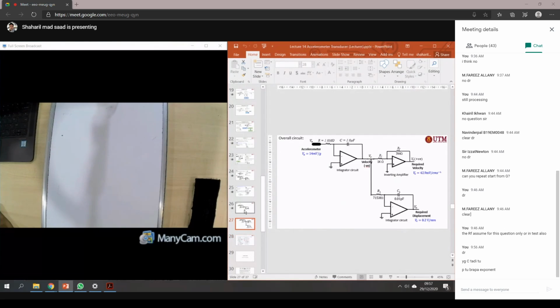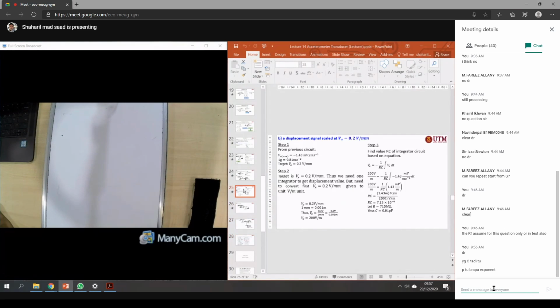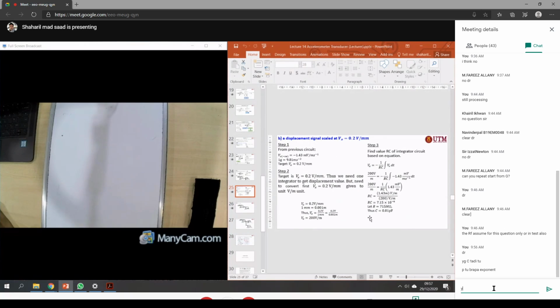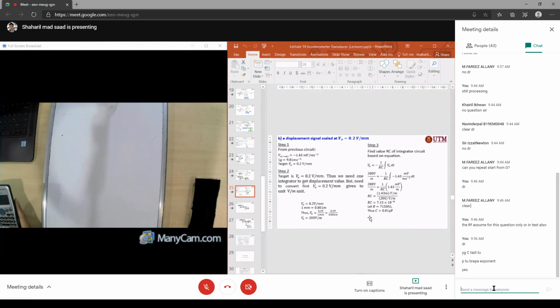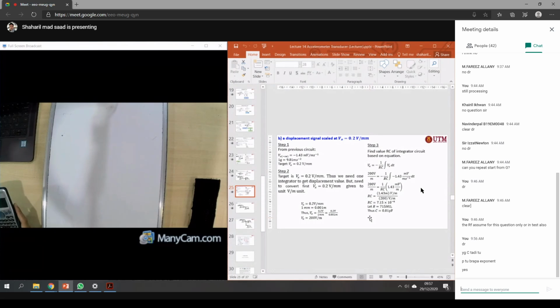Which one? This question? This one, okay, let's look. 7.5 M, 10 power of 6, you times 0.01, you times 10 power of minus 12.